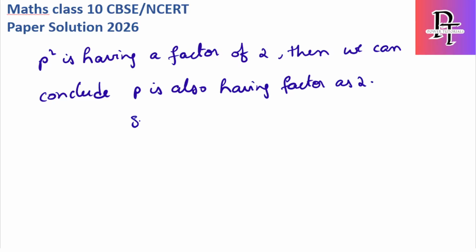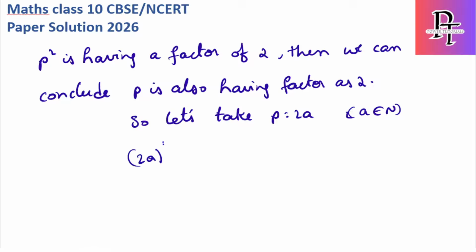So let's take p is equal to 2a, where a belongs to natural numbers. Now I'm replacing p with 2a. This becomes 2a whole square is equal to 2q square, which you can rewrite as 4a square is equal to 2q square. Cancelling 2, I'm getting q square is equal to 2a square.